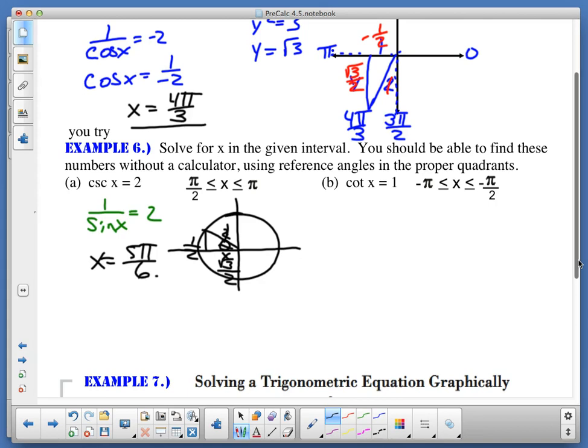Do you guys know what they are? Pi over 4, 3 pi over 4, 5 pi over 4, 7 pi over 4. Or the negatives, negative pi over 4. Or negative 3 pi over 4.